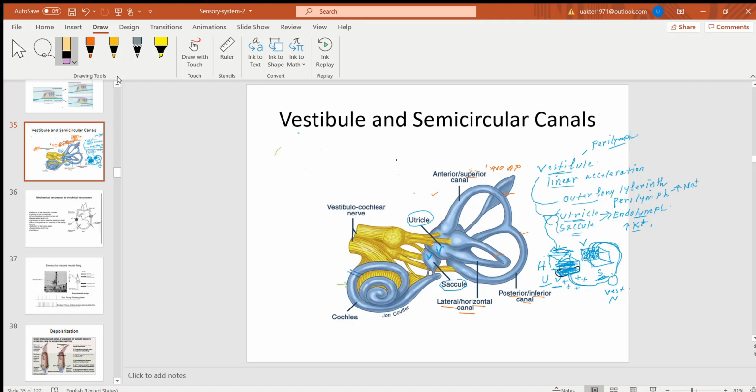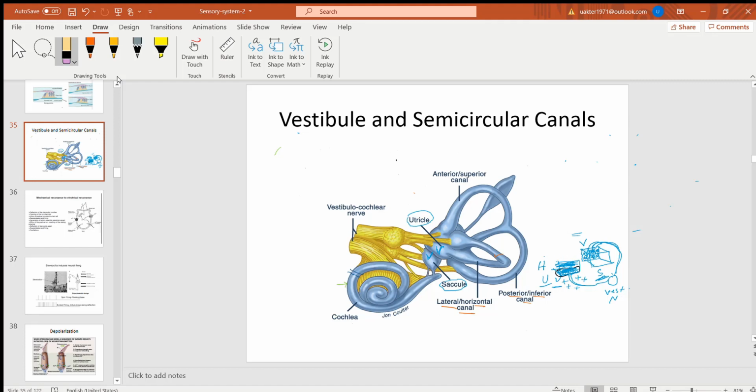Okay, so all different rotational accelerations are covered by these three semicircular canals. And they are positioned that way, and each one is separated by 90 degrees if you just measure, and that's how it covers all different angular or rotational accelerations.